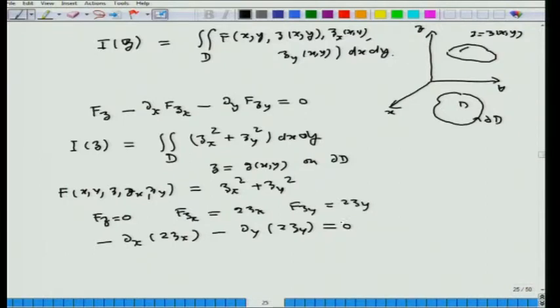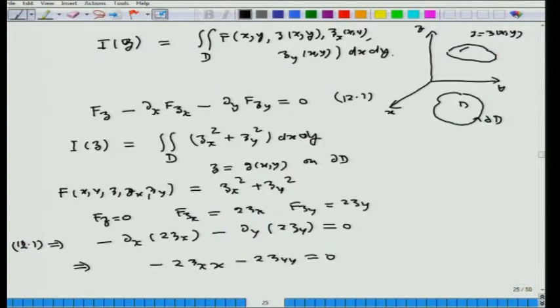Let us give this the number 12.1, and so this condition gives us minus 2 z x x minus 2 z y y equal to 0.